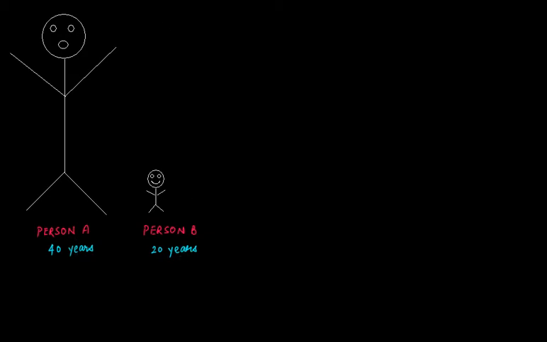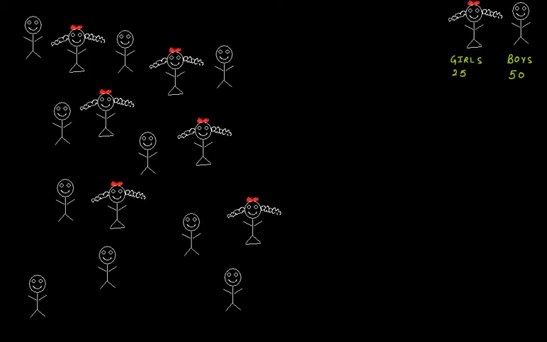So if we subtract 20 from 40, then this will be 20 years, and therefore the comparison is that the age of person A is 20 years more than person B. That's also fair enough. Okay, let's move to this diagram.